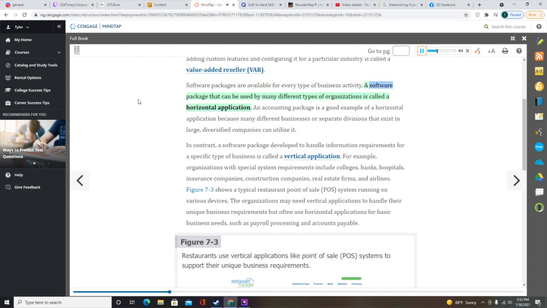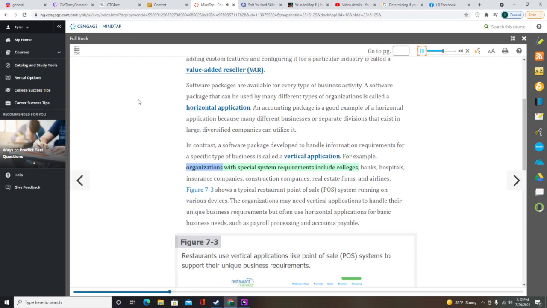A software package that can be used by many different types of organizations is called a horizontal application. An accounting package is a good example of a horizontal application because many different businesses or separate divisions that exist in large, diversified companies can utilize it. In contrast, a software package developed to handle information requirements for a specific type of business is called a vertical application.